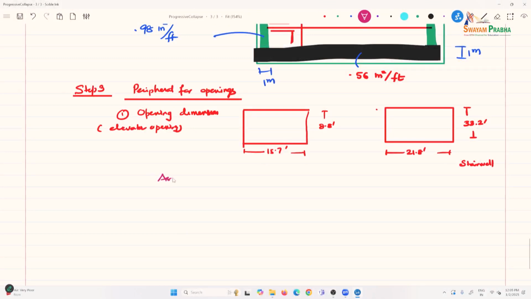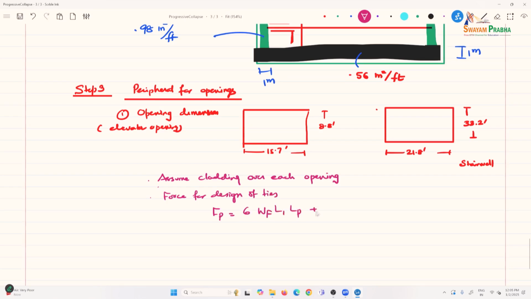If we assume cladding over each opening, then the force for design of ties is Fp, which is 6 Wf L1 Lp plus 3 Wc.